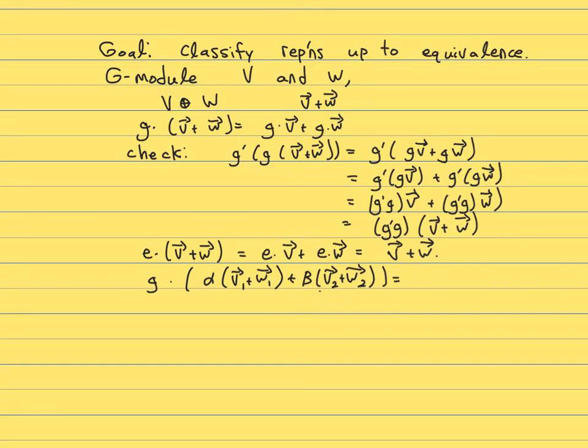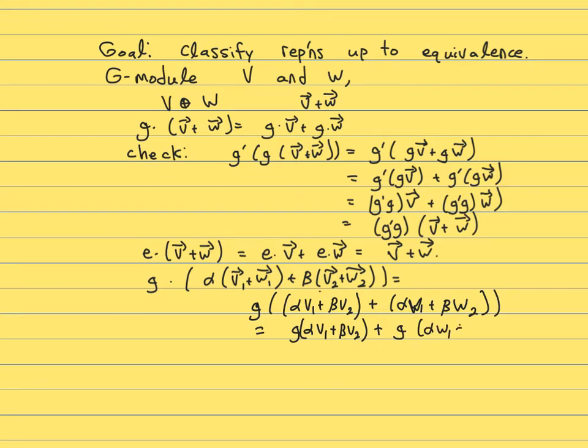I have to be careful here. I haven't written it as separate components yet. The way this vector is defined, I could rewrite the vector as alpha v1 plus beta v2. That's the component in V. Alpha w1 plus beta w2. That's the component in W. Then I can apply the definition. G times alpha v1 plus beta v2, plus G times alpha w1 plus beta w2.